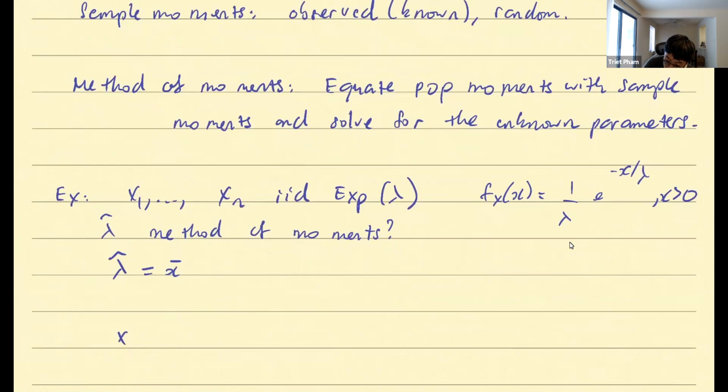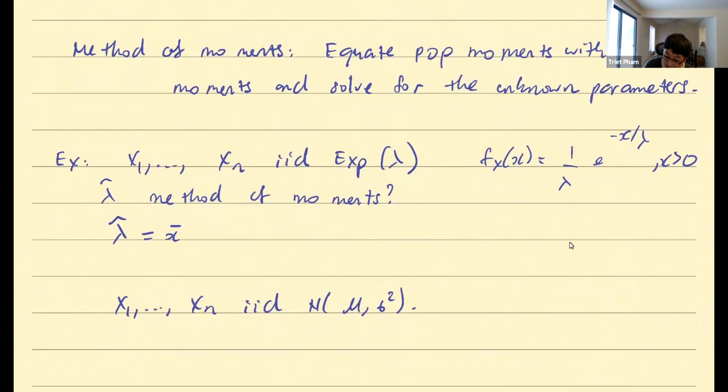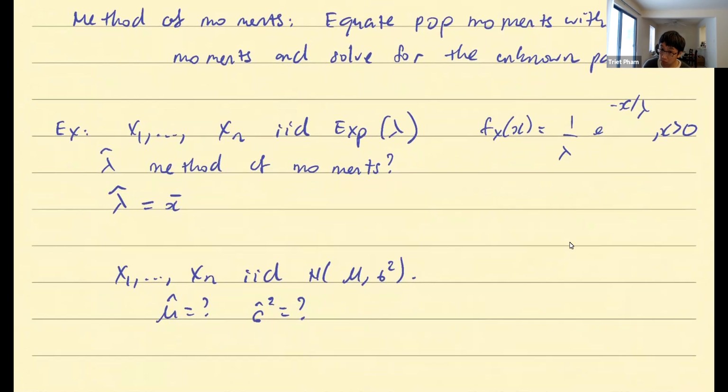Let's look at another one. What are the method of moments estimators for mu and sigma? And by the way, when I don't say anything here, I'm talking about the method of moments because we're discussing it in this section. Well, again, what do we do?